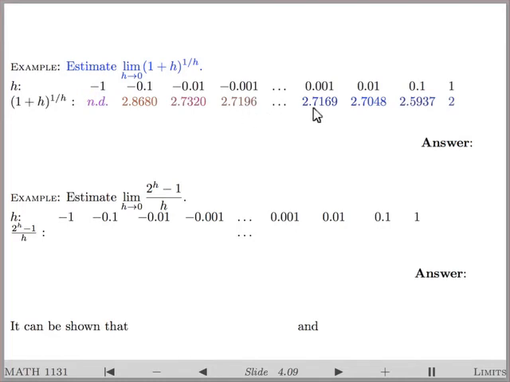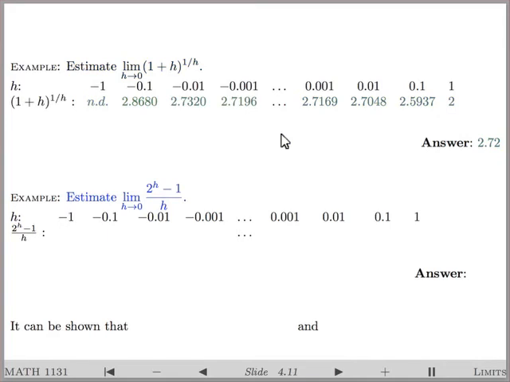These are not approaching some nice round number, so we just have to make a guess. But we can say since these two numbers agree with each other to two decimal places, the number in the middle should be what the common value is to two decimal places. It's 2.72.